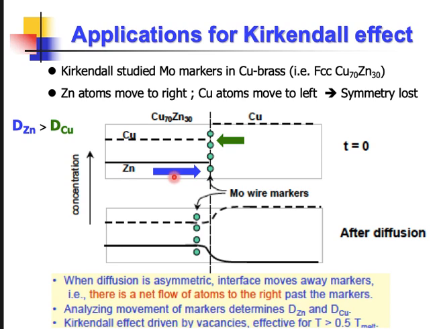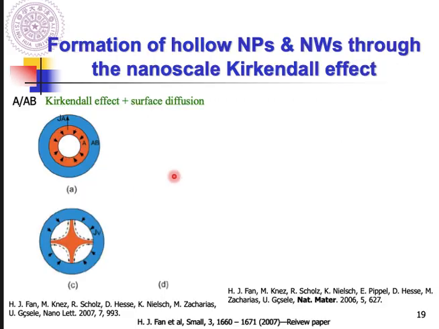Okay, so next I'm going to introduce how we use the Kirkendall effect in material synthesis, especially to synthesize hollow nanoparticles and hollow nanowires. We are going to show how to form a hollow nanoparticle and nanowire through the nanoscale Kirkendall effect.